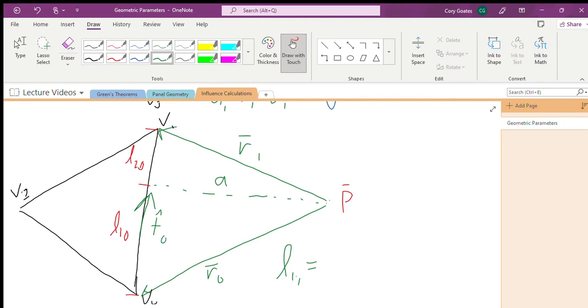So L1 sub i is going to be equal to R sub i, because that's the displacement from the first vertex, dotted with t hat sub i. Okay? And then L2 sub i is equal to R sub i plus 1 now, because now we're dealing with the end vertex.